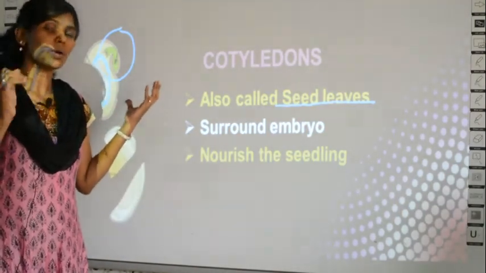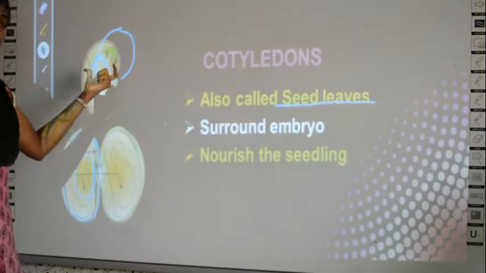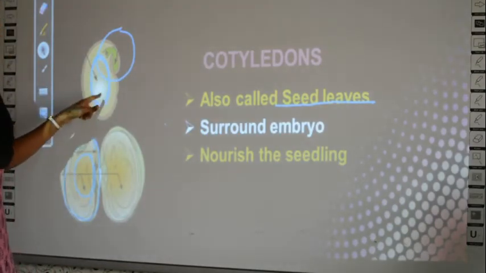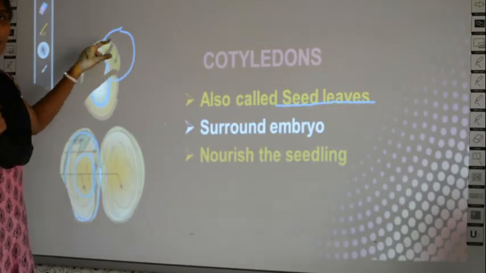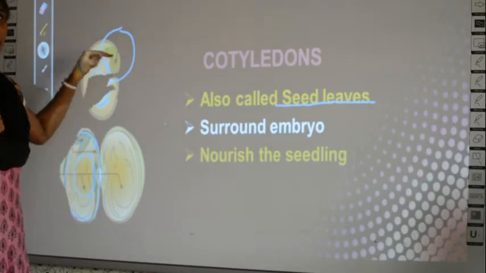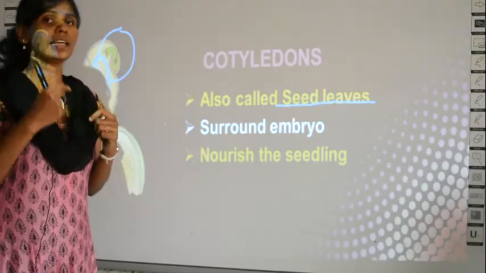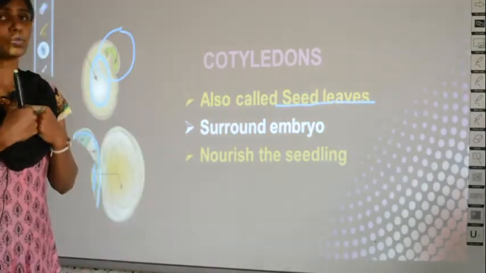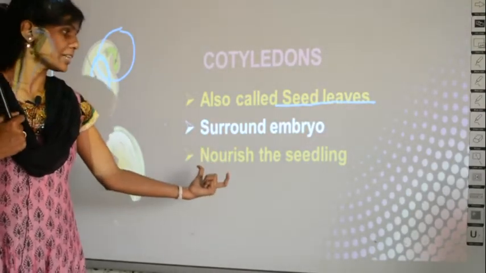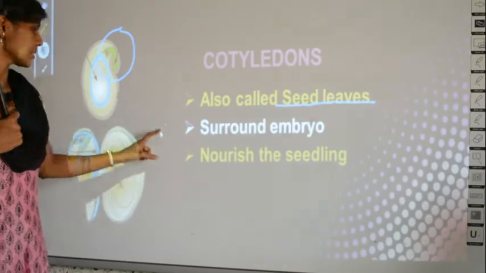So when it is sown into the soil, initially for its nutritional requirements the seedling, that is the small green portion, will take nutrients from the cotyledons. That is why it is said that the cotyledons nourish the seedlings.